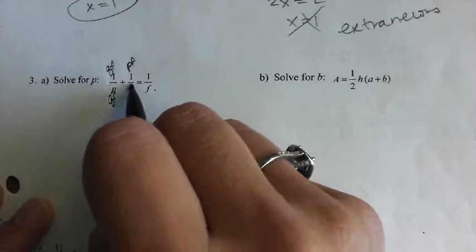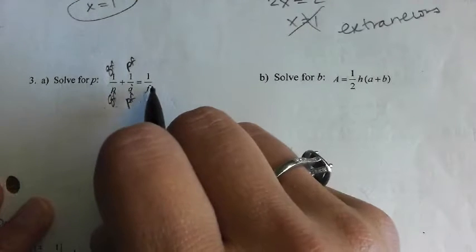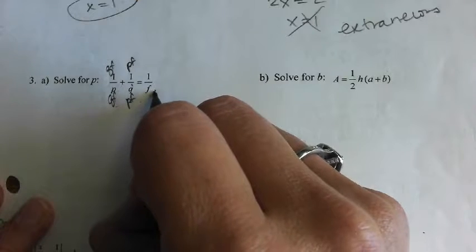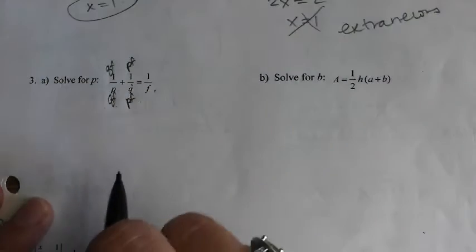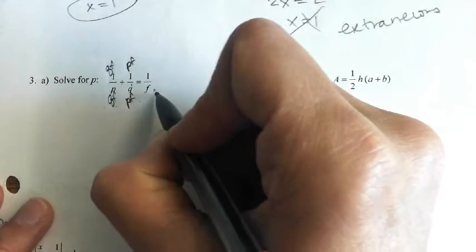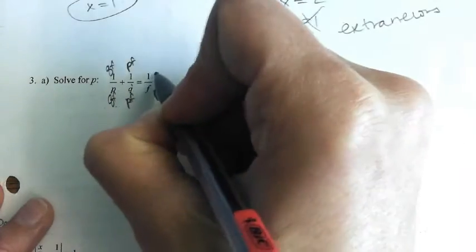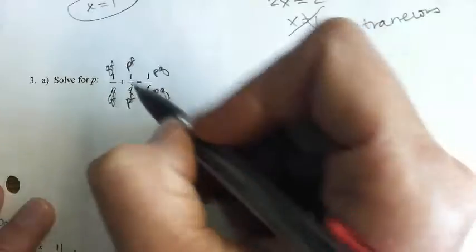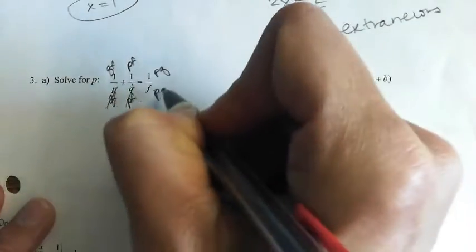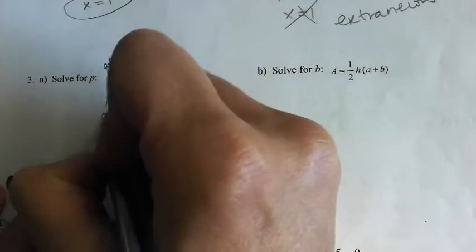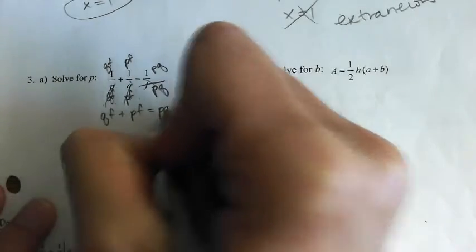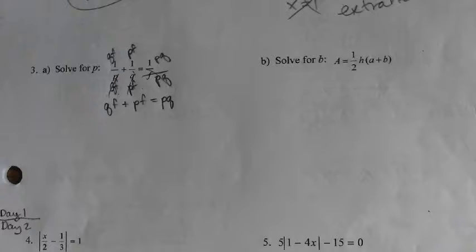This denominator is PQF. And right now this is just F. So what? Oh, your P's and Q's. We needed a Q there. So PQF, PQF, PQF, they're all done. So we have QF plus PF equals PQ. Now this is going to get a little bit tricky from here.